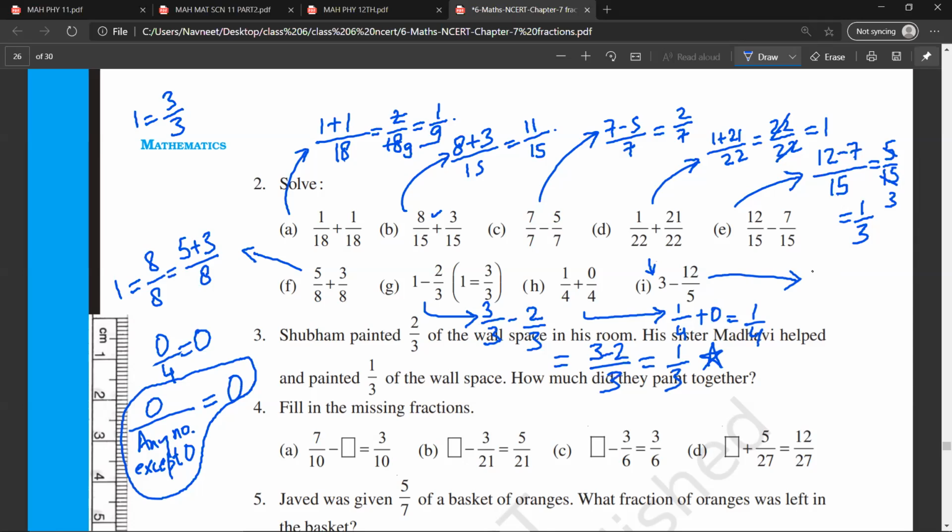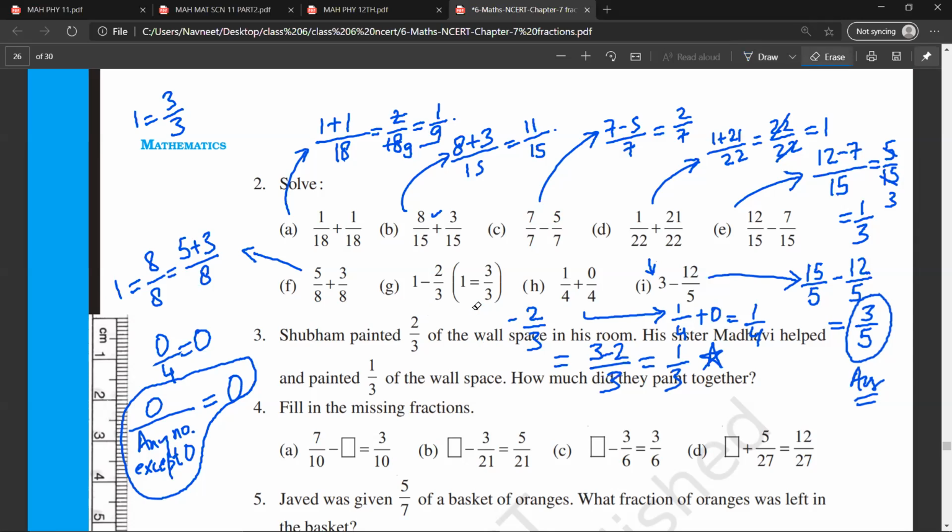So I can write 3 as 15 by 5 minus 12 by 5. Mr. Sarthak, is it okay? Yes, sir. So this would be equal to 3 by 5. Is there a problem? No, sir. Very nice.